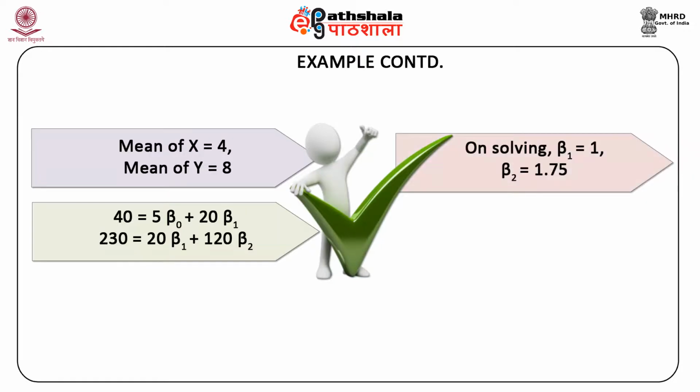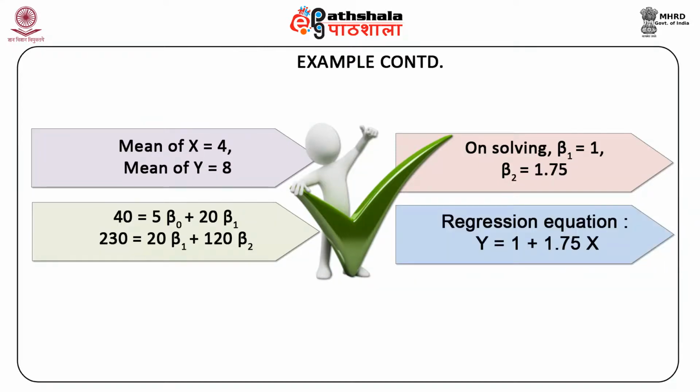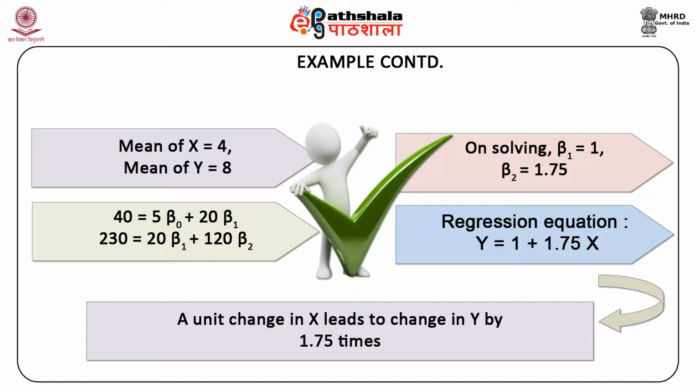Solving for beta 1, beta 2, we have beta 1 is equal to 1, beta 2 is equal to 1.75, and the regression equation is y is equal to 1 plus 1.75x. That is, a unit change in x leads to a change in y by 1.75 times.